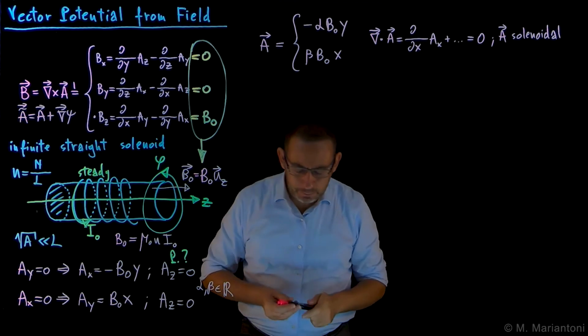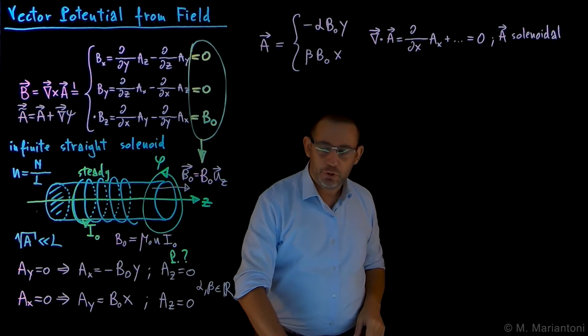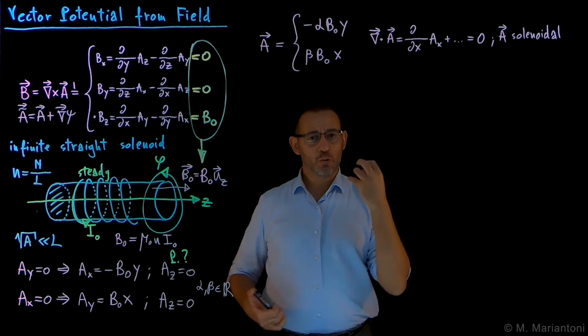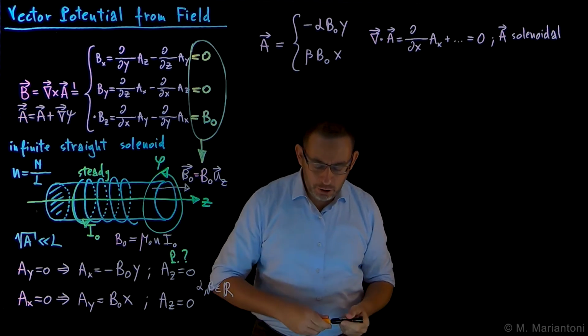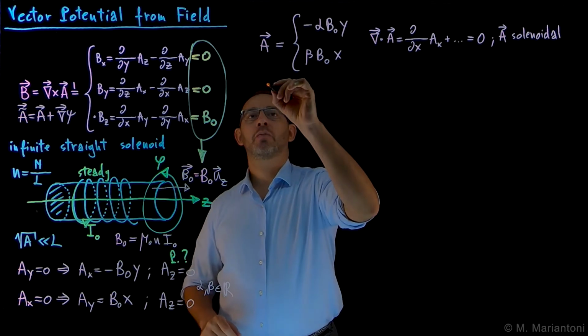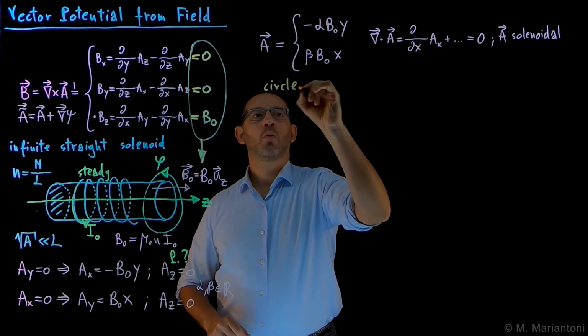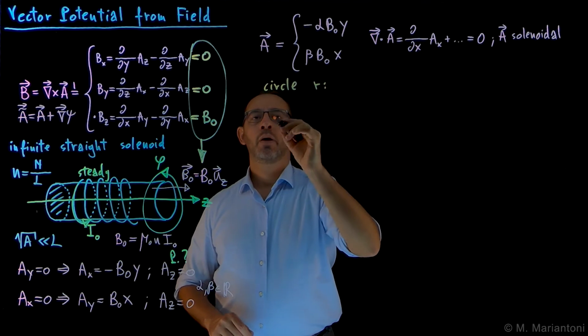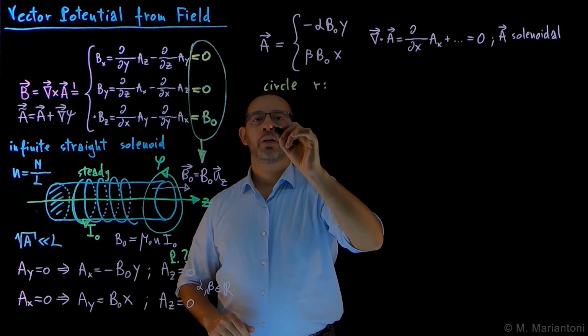So now that we know all that, let me ask you this question. What are the parametric equations of a circle with radius small r? Well, let's write them in this fashion as here.